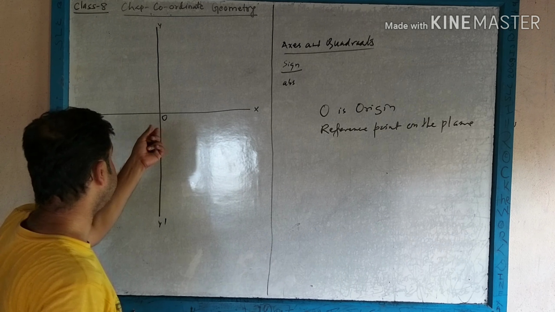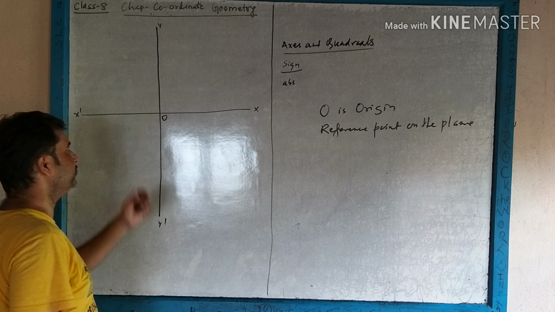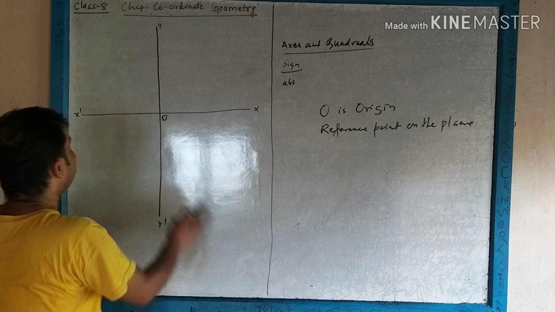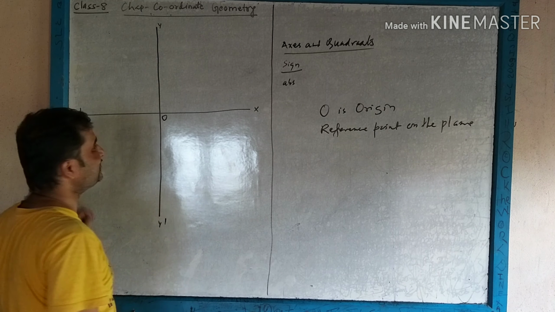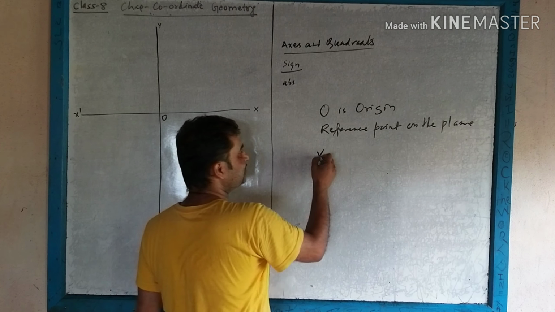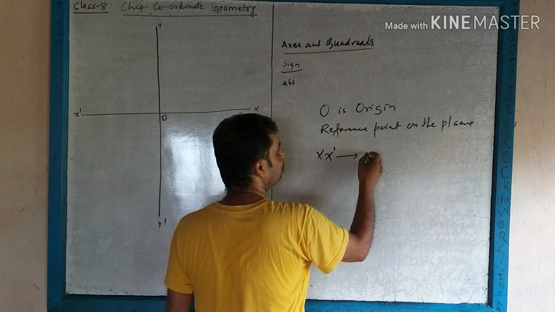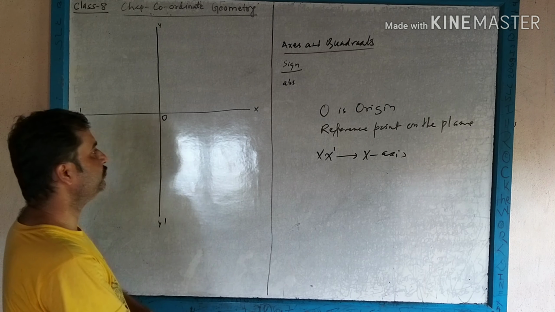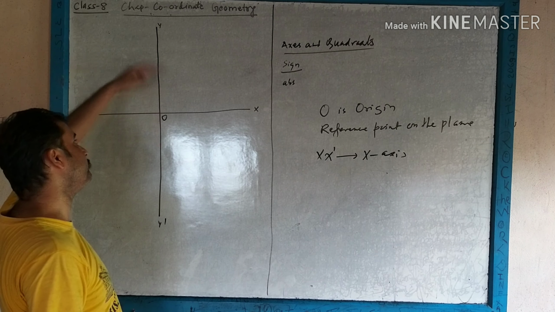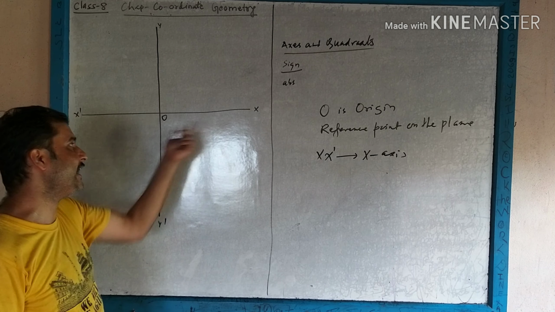How far is the point on the plane from the origin? So this horizontal line, x dash x, is called x-axis. This horizontal line which divides the whole plane into 2 parts, upper part and lower part, is called x-axis.